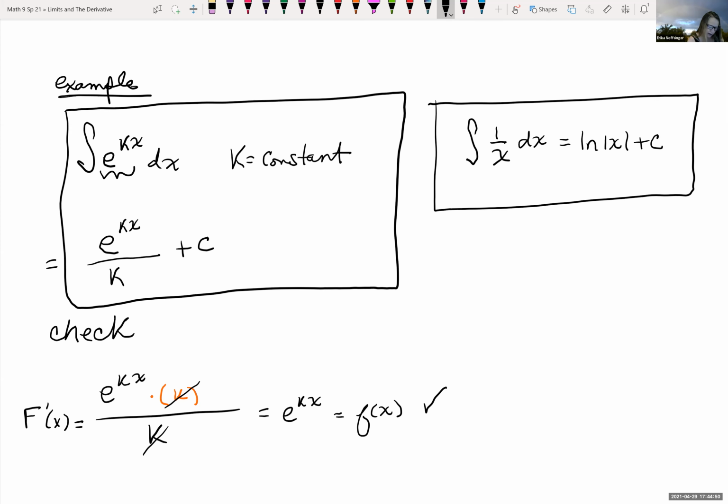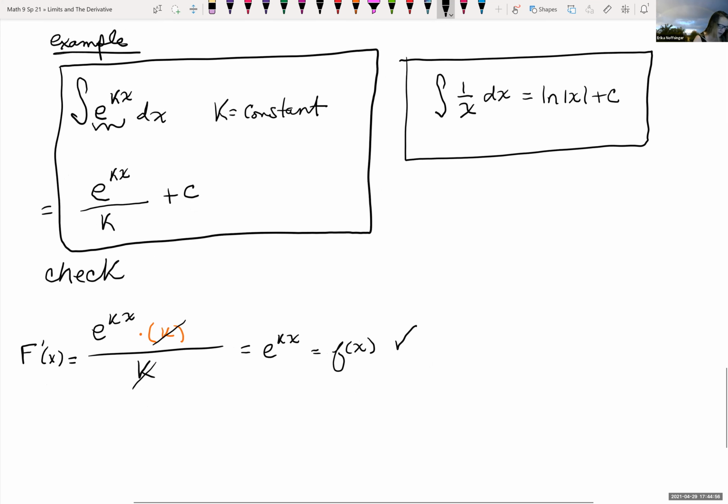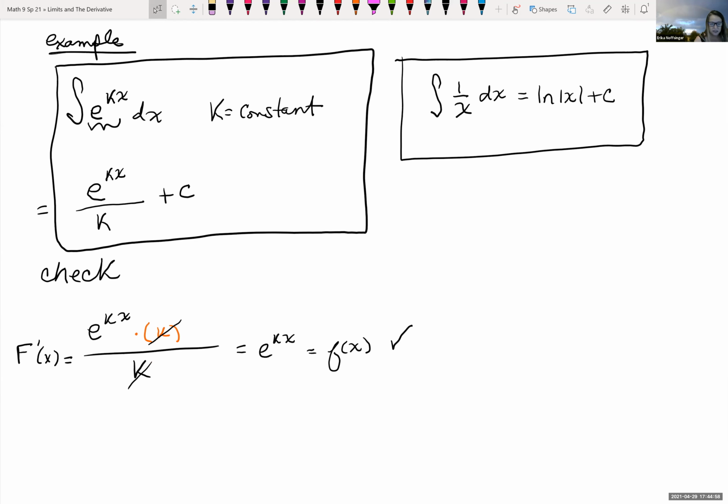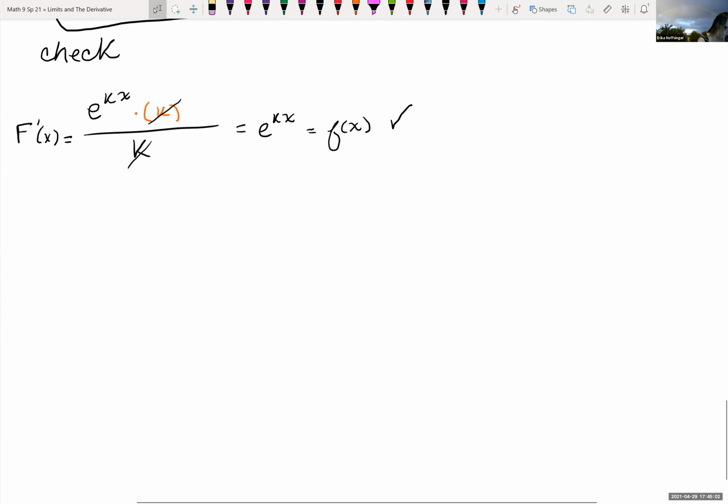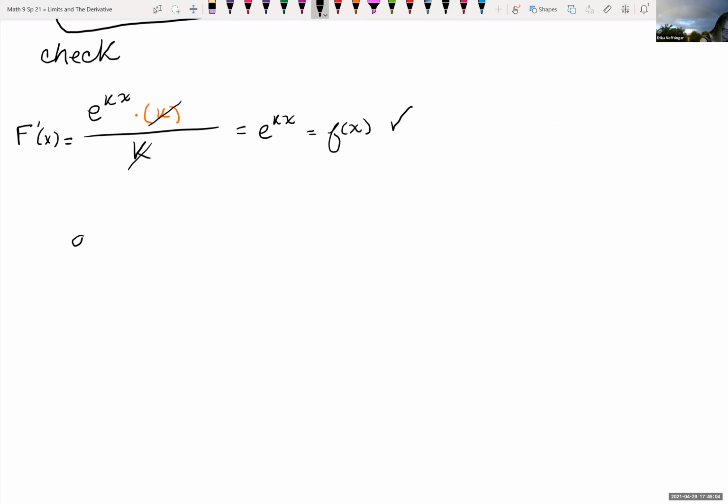So there were a couple other rules when we took the derivative of an exponential, but the base was not e. So let me just give you these.